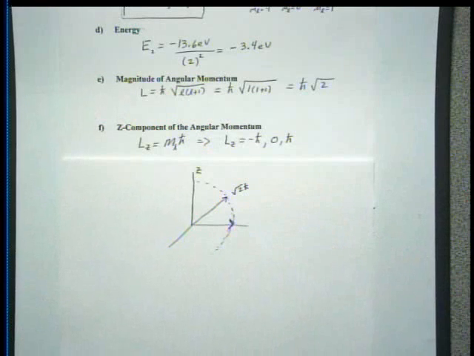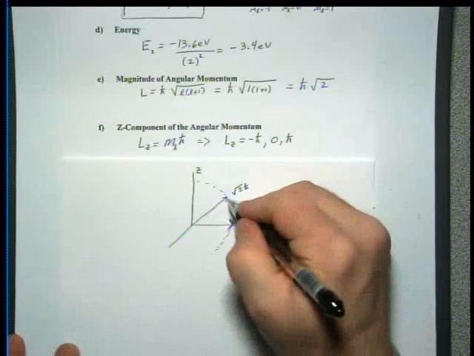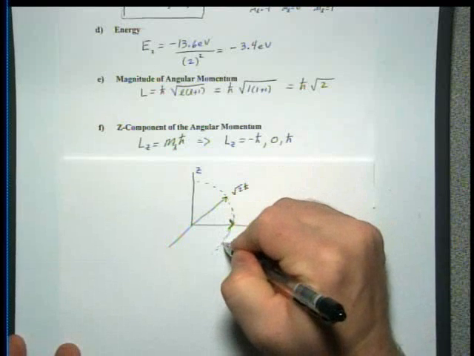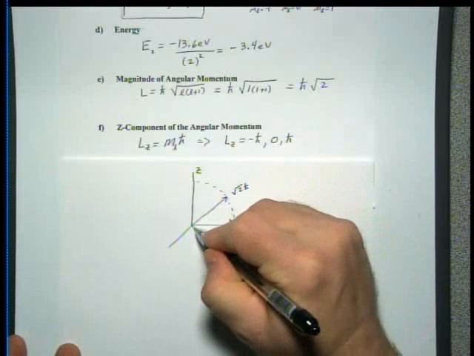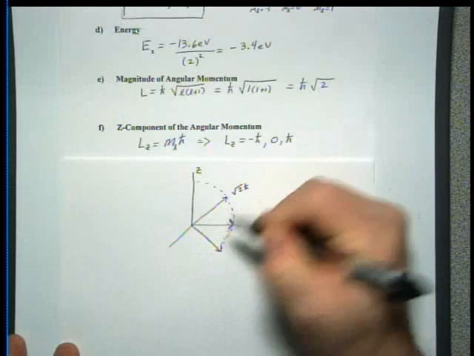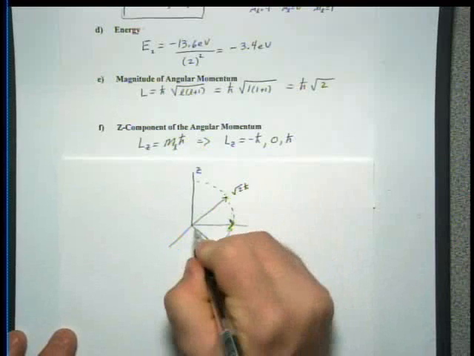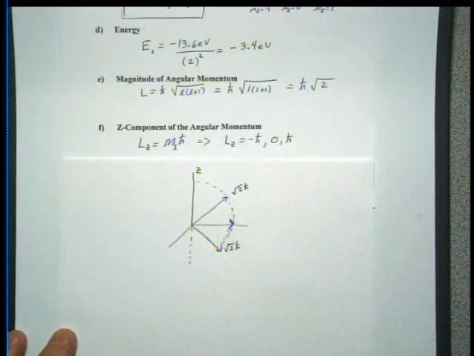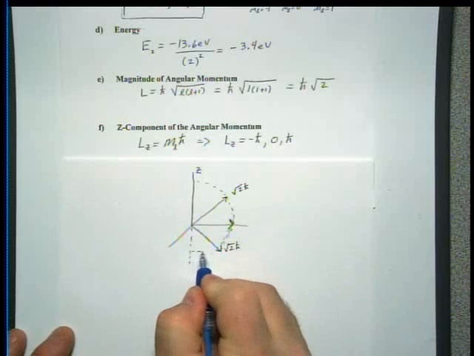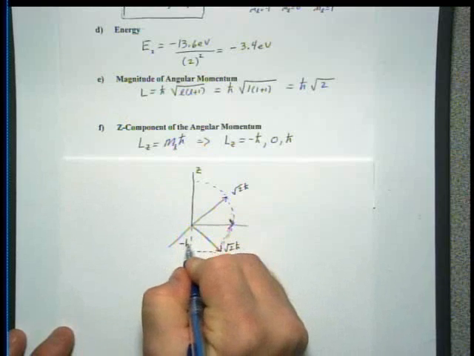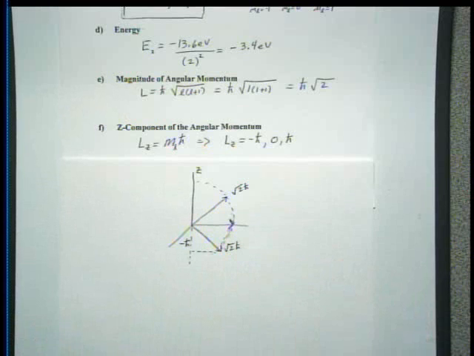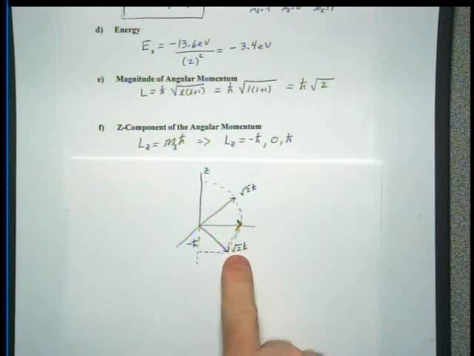And it still would be square root of 2 h bar. And it also might come down, straight down to here. What I know is this is minus h bar. So that is minus h bar, and that's the length. This is the way it's pointing in space.